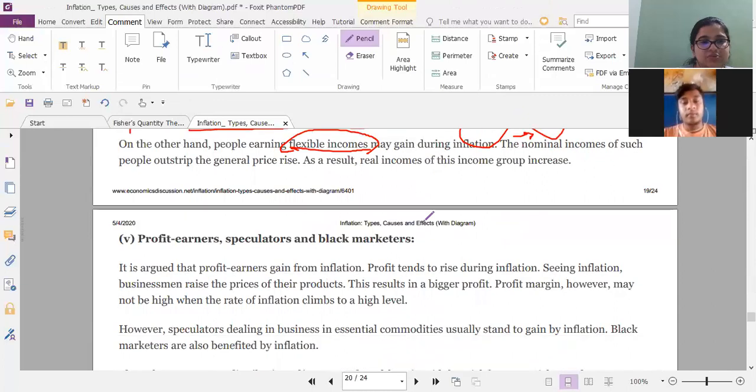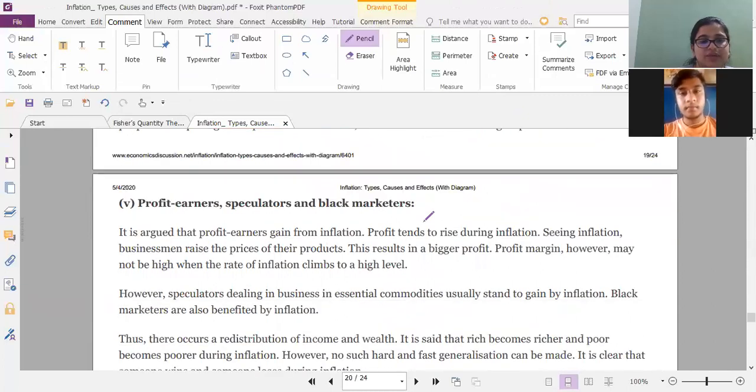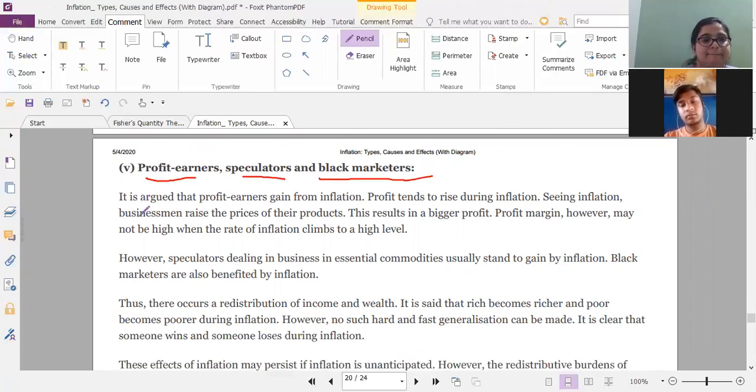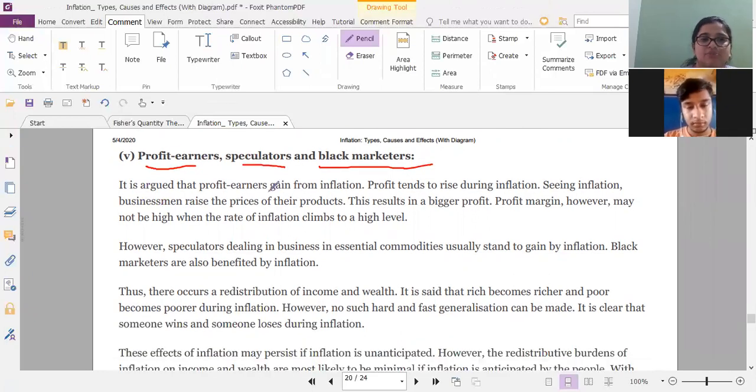Then the next point: profit earners, speculators, and black marketers. Now we'll discuss how inflation affects profit earners, speculators, and black marketers. It is argued that profit earners gain from inflation.